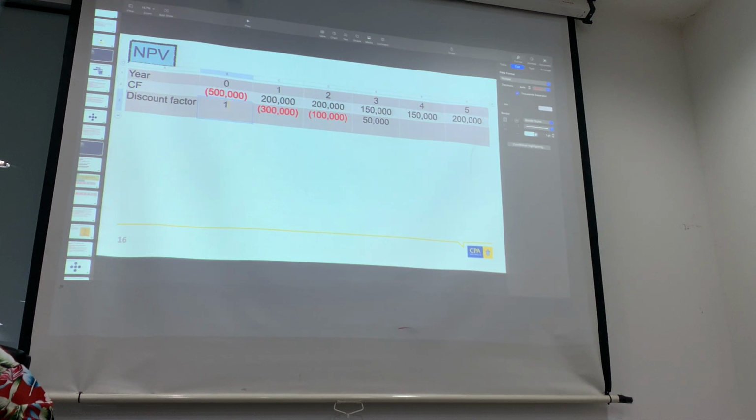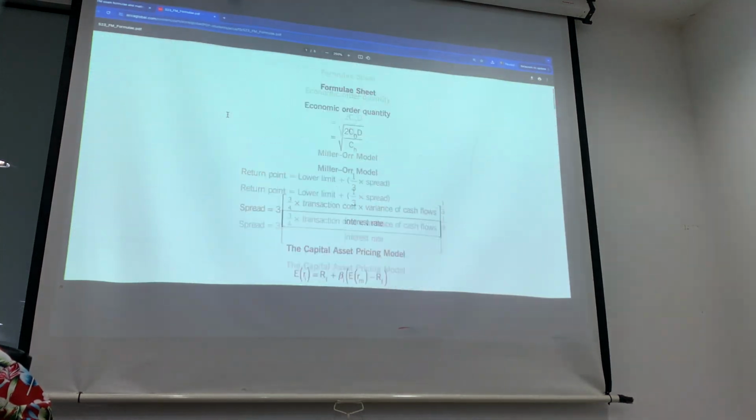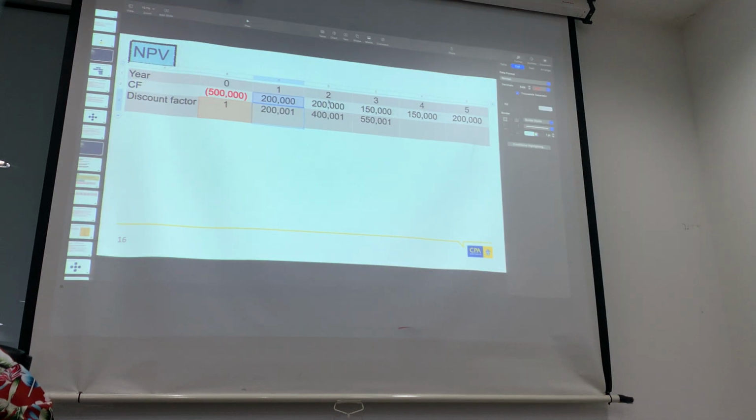So discount factor here is 1. If I'm using how many percent? 10%, right? I say 10%. So I'm going to look at the table for 10%, and I'm going to put in these numbers here. 10% is 0.909.